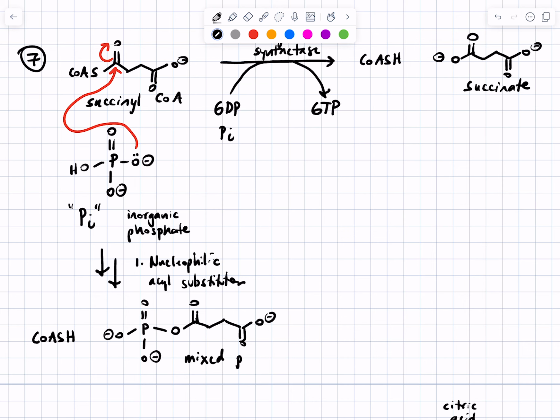It is a mixed phosphoanhydride. That's going to be the gamma phosphate group. And then you're going to have the beta phosphate group of GDP, which we'll draw here.